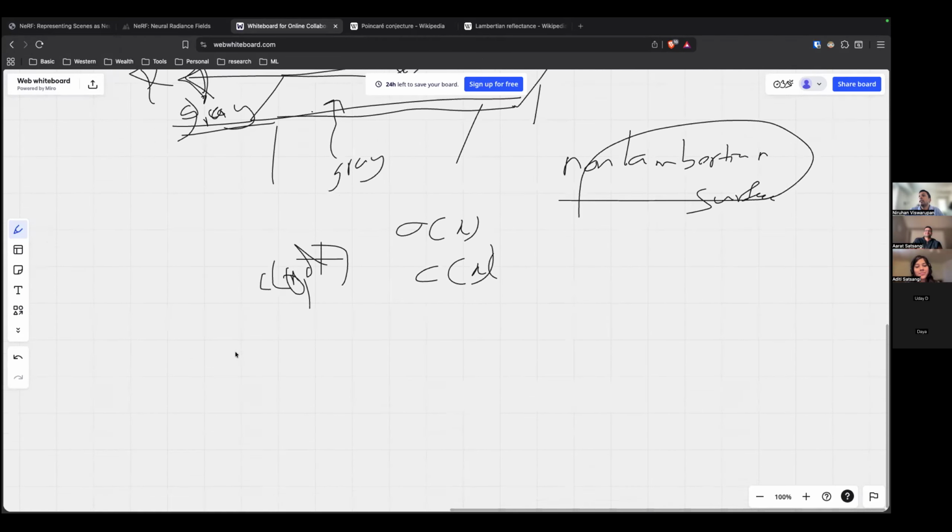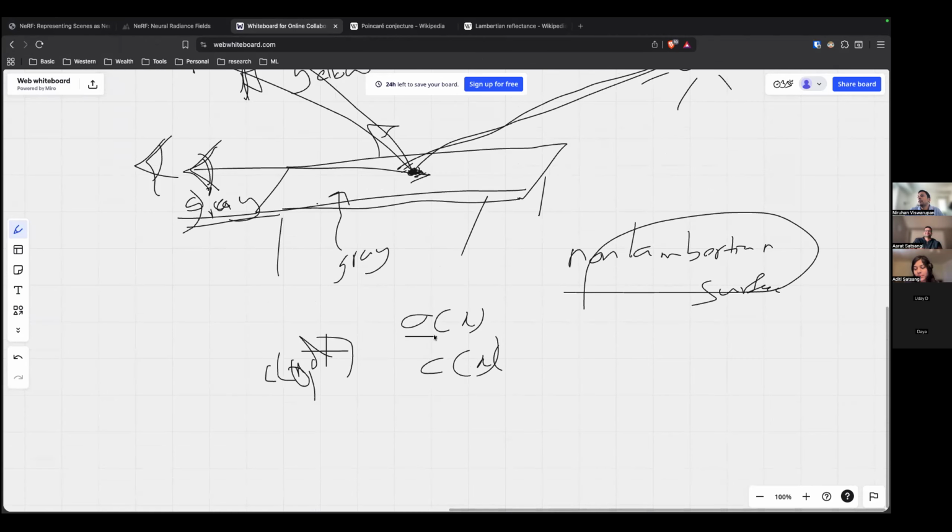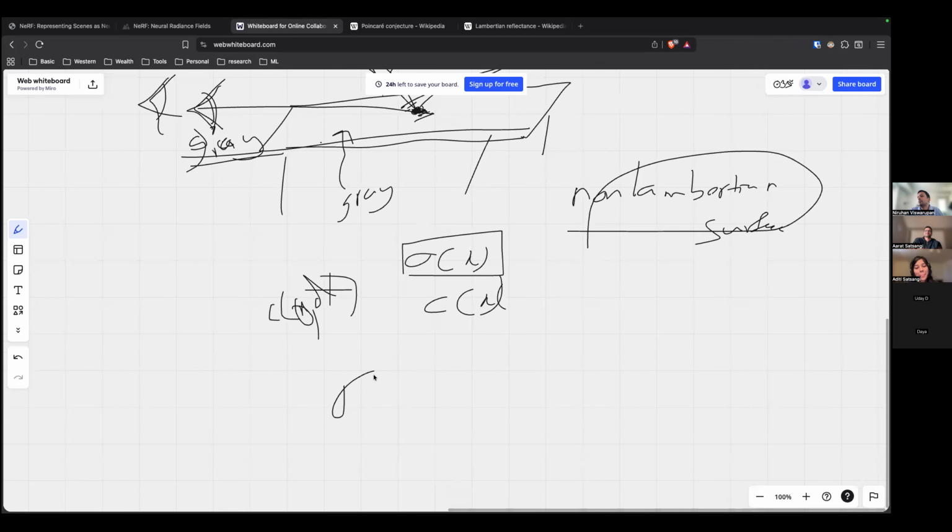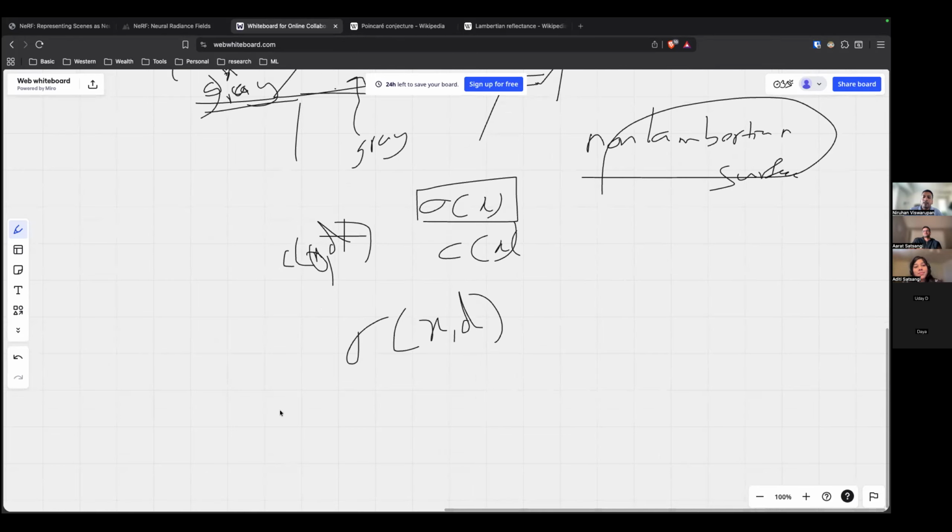So my next question is, why don't we just take sigma also as a function of x and d? Is there any scenario you can think of, anything in the real world, where this density is a function of viewing direction d as well?